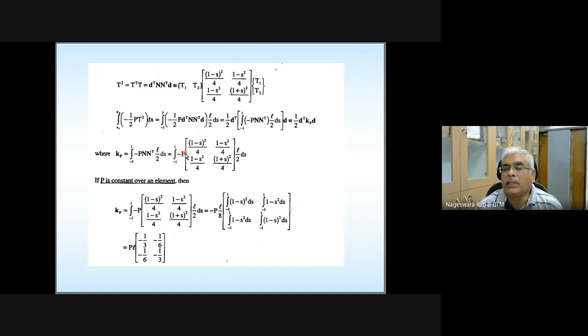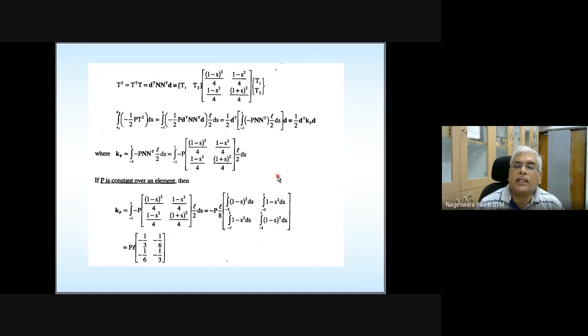For the present, assuming p to be constant, it is simplified. If p is constant, the second term looks like this, and this matrix is denoted with Kp. Kp is nothing but this one.